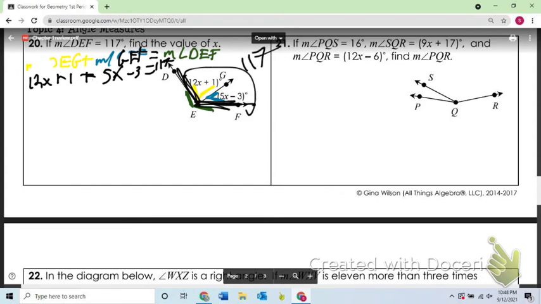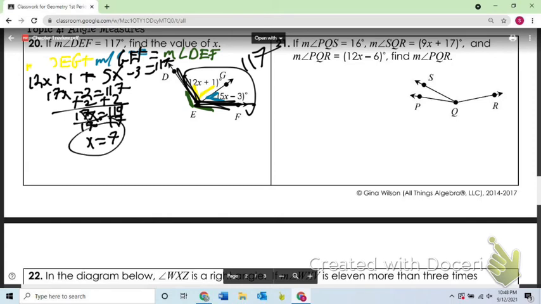So whatever all the inside angles are, they have to add up to 117. So 12x plus 5x is 17x. 1 minus 3 is negative 2. I'm going to add 2 to both sides. 17x equals 119. Divide both sides by 17. And we get x equals 7.